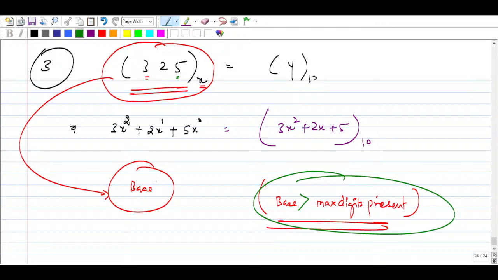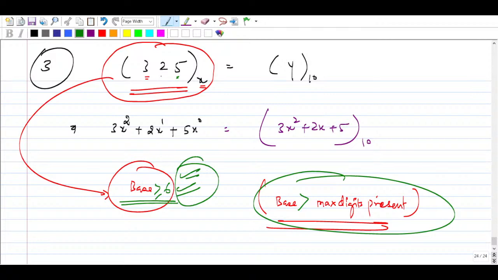So the base can be equal to 6 or greater. So you have to remember this. It cannot be 5, because if your base is 5, then the symbols allowed are only 0 to 4. This is how we can find the base directly.